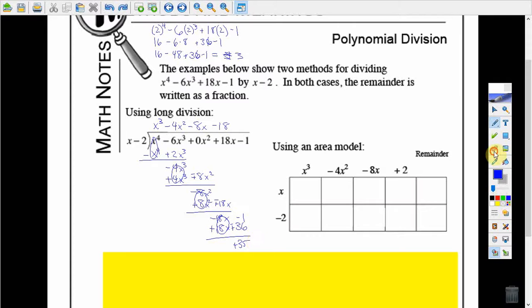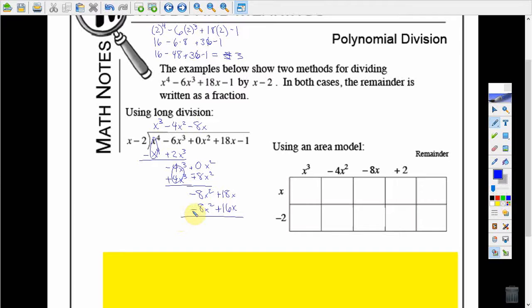So I made a mistake somewhere. Okay, so I found the mistake. We're going to go back a few steps here. We bring down our 0x squared, which gives us negative 8x squared here, which I do need to multiply by negative 8x to bring down the 18x. So negative 8x times x is negative 8x squared. Negative 8x times negative 2 is positive 16x.